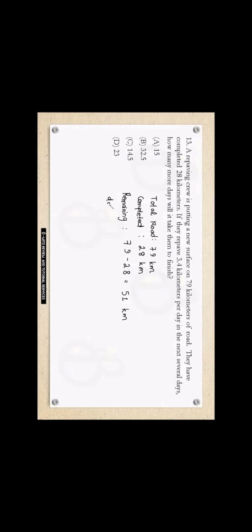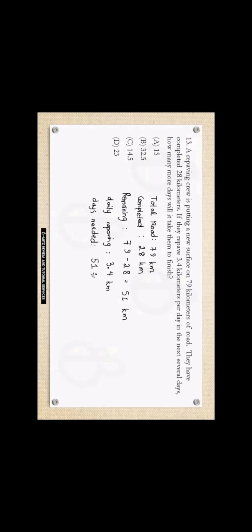Now the daily repaving is 3.4 kilometers, and days needed will be 51 for the remaining road to complete.